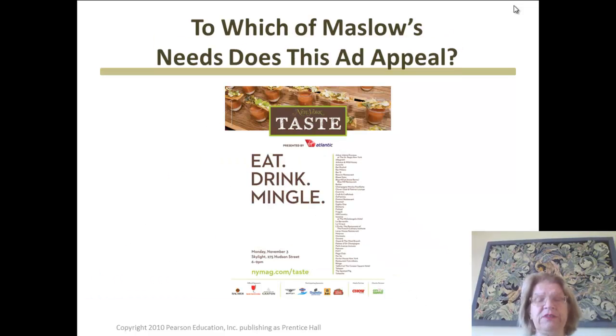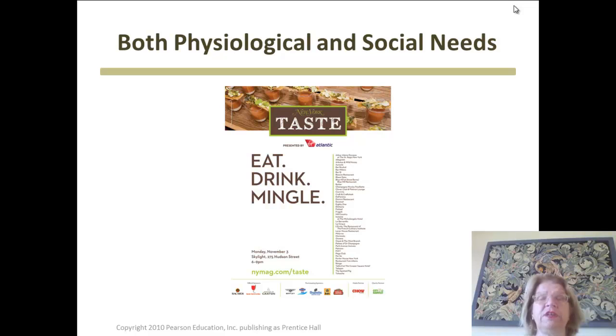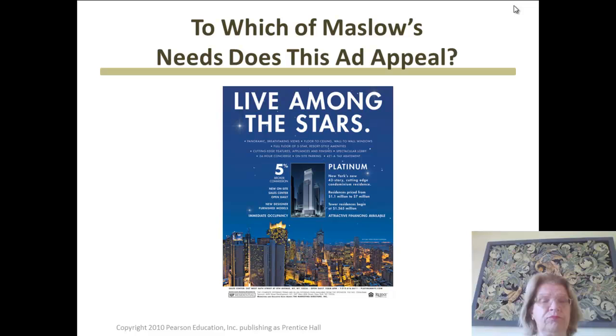To which of Maslow's needs does this ad appeal? Both physiological and social needs.